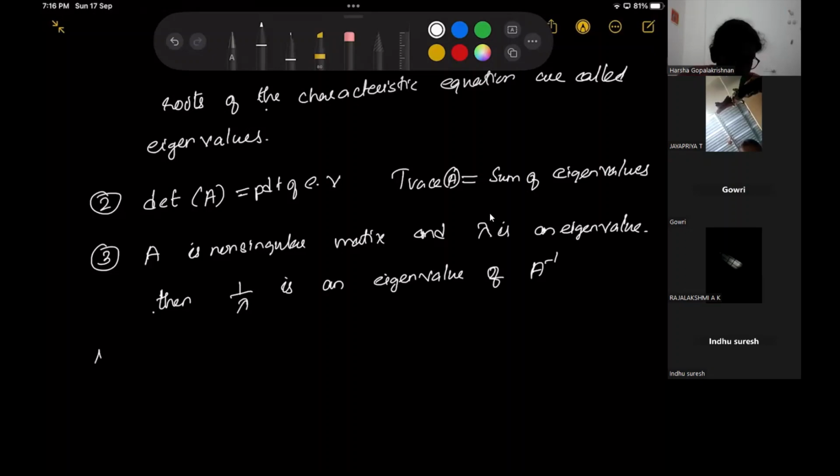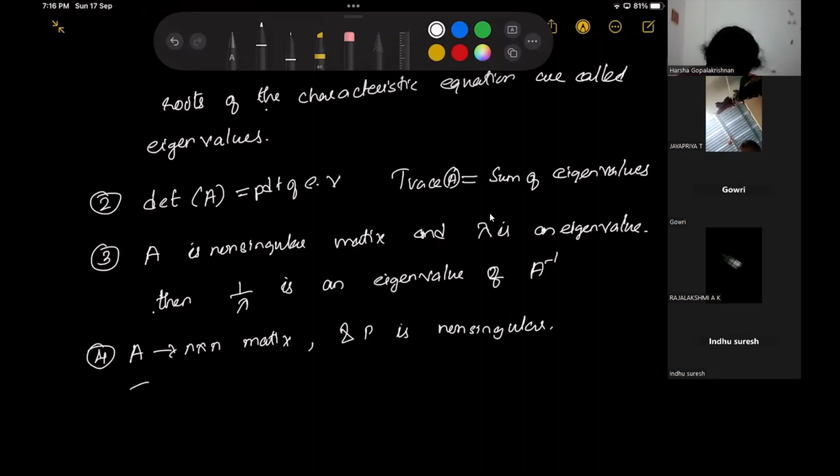Now the next result is, if A is an n by n matrix and P is non-singular, then A and P inverse AP have the same eigenvalues.